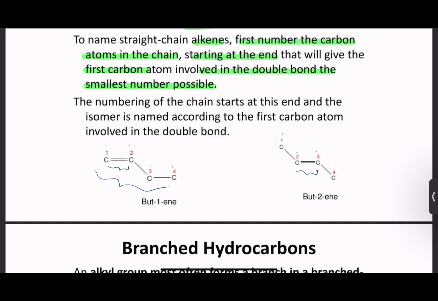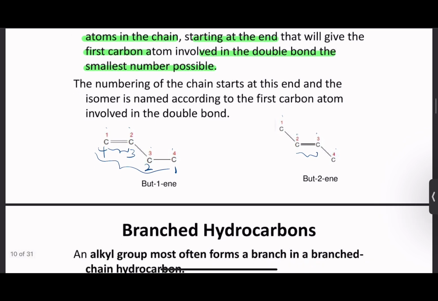So this means that I wouldn't number these carbons 1, 2, 3, 4, because in that case I need to write the root. The root is but, because, if you remember, but stands for 4 carbons. So but, and then over here I have to write 3-ene, because my double bond starts on number 3 if I number it from right to left.